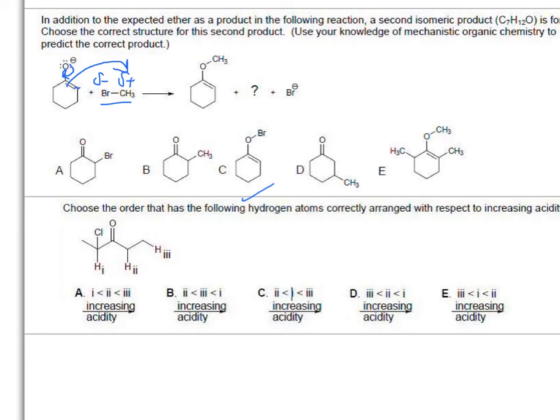Yes, you got that. And when that happens, bromine is going to leave. So your product is going to look like a double bond O on top and then a methyl at this position. Let's see if there's a choice right over here.